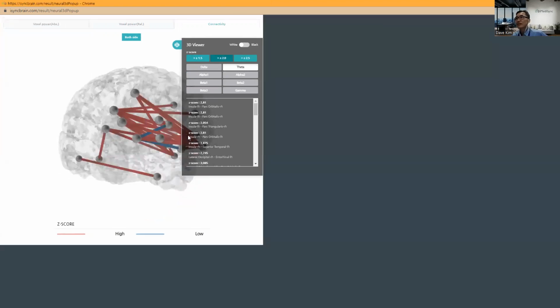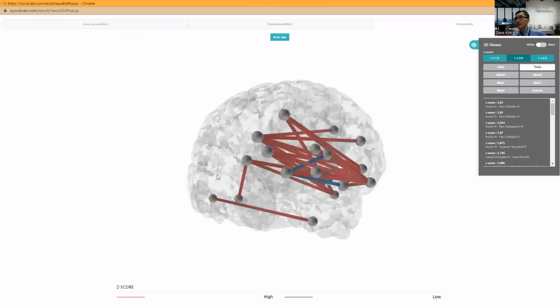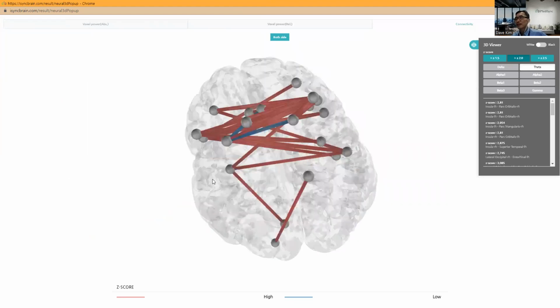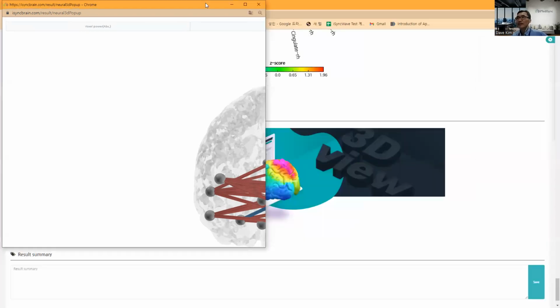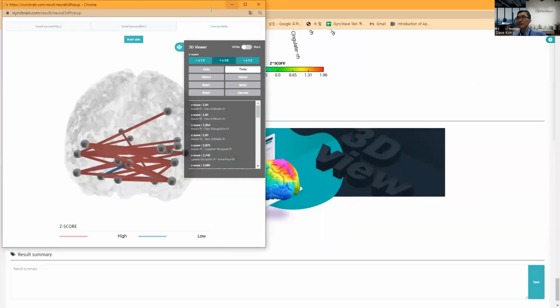And in the frontal area, there is a lot of hypercoherence between left and right. That's the main issue. And this is the simple brief case review for the ADHD. Basically, it is the underarousal pattern in this case.